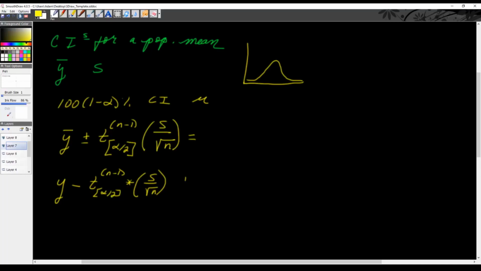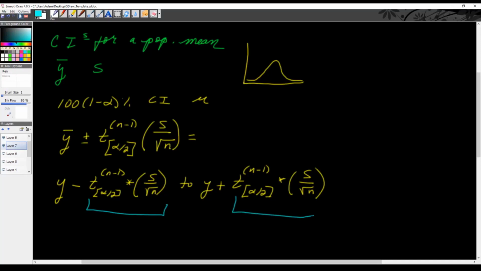So that's the base of the interval, y bar plus or minus the critical t multiplied by s divided by root n. So we're just taking some amount, and we're subtracting it from the mean and we're adding it to the mean to get the confidence interval.